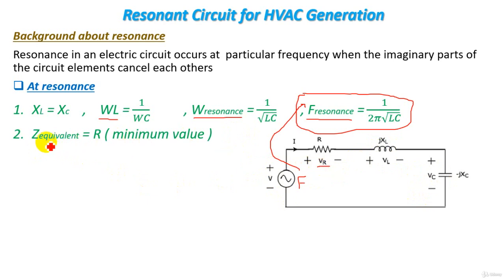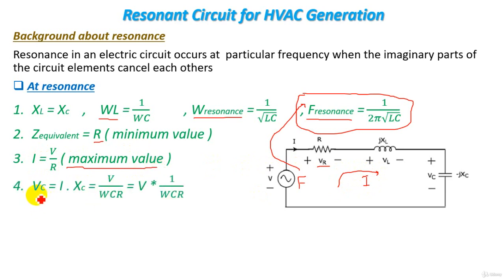So the equivalent impedance at resonance will equal R, which is the minimum value. The current flowing in the circuit I equals the supply voltage V over the equivalent impedance. At resonance, the equivalent impedance is R, so the current will be the maximum value.